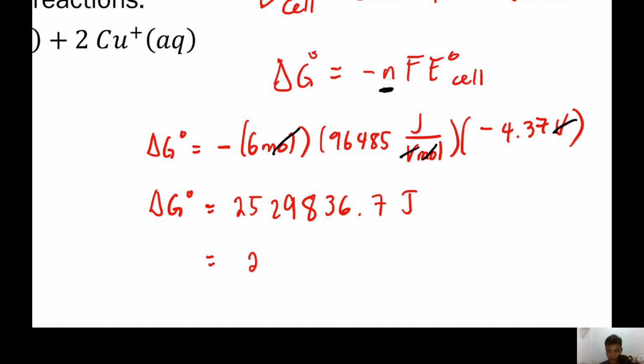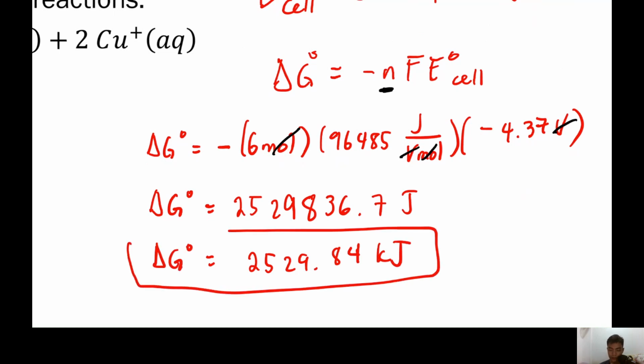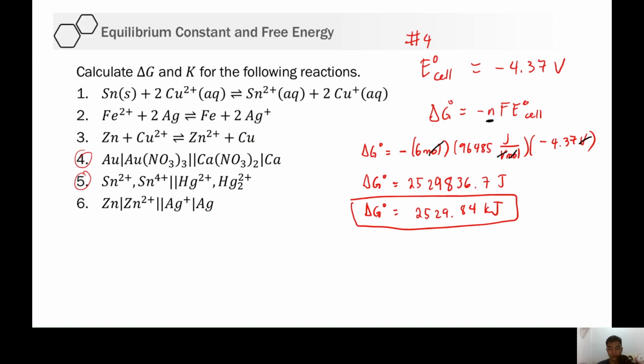This is 2529.84 kilojoules. So that's how you get delta G. It's very easy. You just have to balance the equation, look for the moles of electrons, solve for the standard cell potential, then plug them all in the equation.